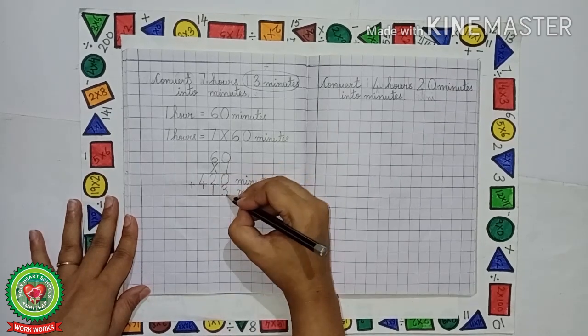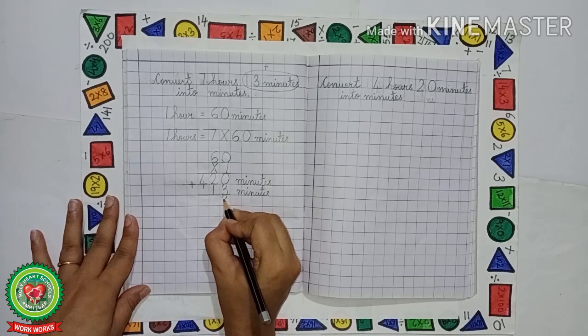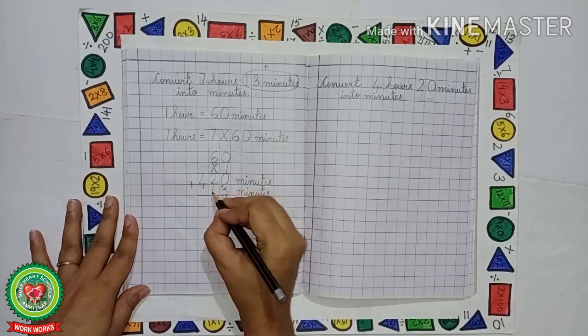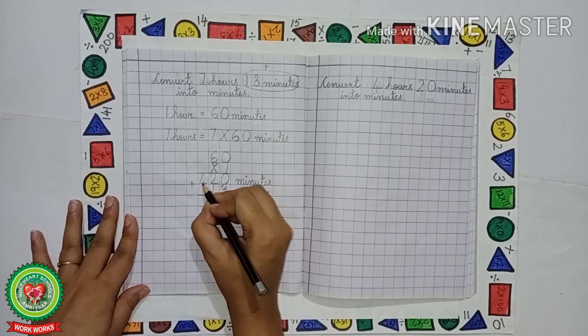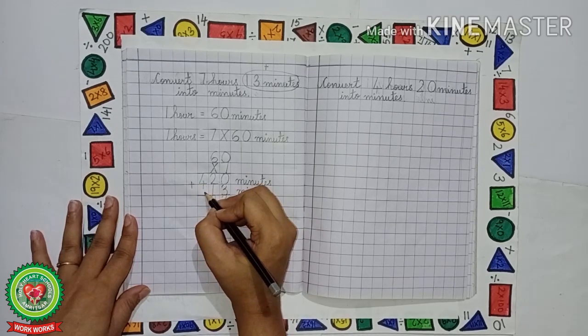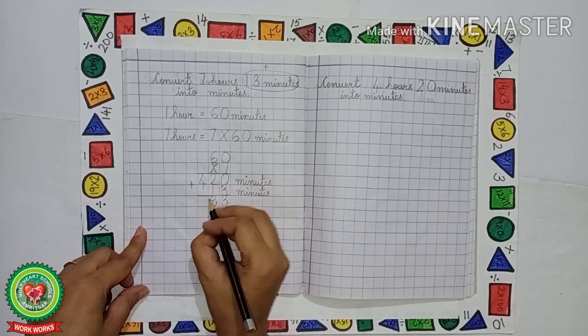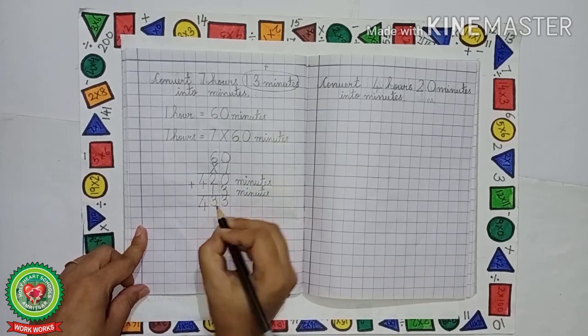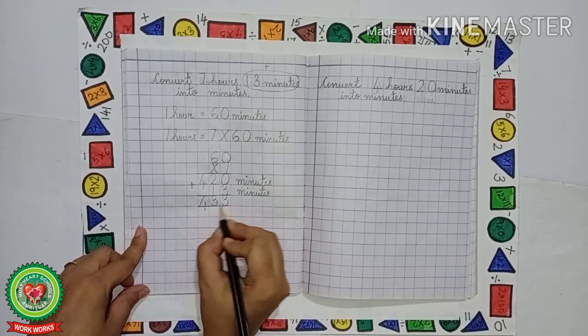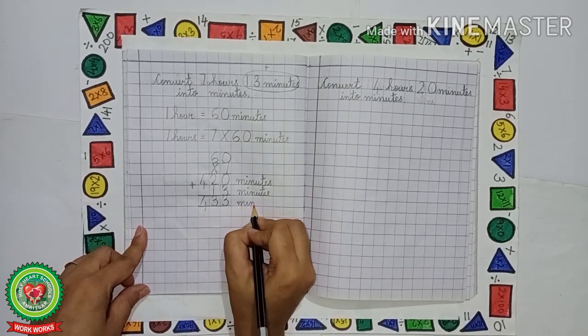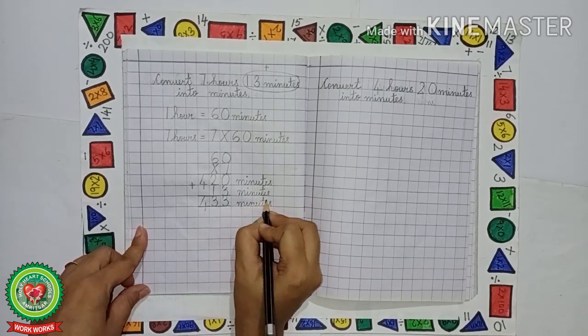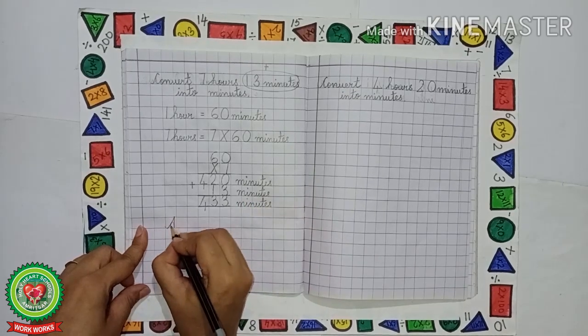0 plus 3 is how much? That is 3 itself. 2 plus 1 is how much? That is 3. And 4 plus nothing is there, that means 0. So 4 plus 0 is 4 itself. So it is 433 minutes. So what is the answer?